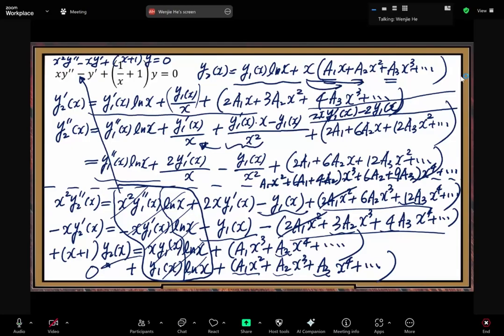Then inside the parenthesis, we have A1 x squared plus parenthesis A1 plus 4 A2 times x cubed plus A2 times 9 A3 times x to the fourth.